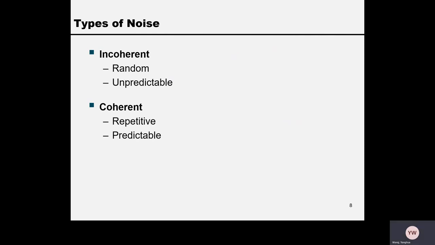Another feature of incoherent noise is that it is unpredictable. In contrast, coherent noise has 2 features. One is repetitive, and another one is predictable. For example, for multiples, we have a fixed time period. So multiples are a predictable coherent noise.